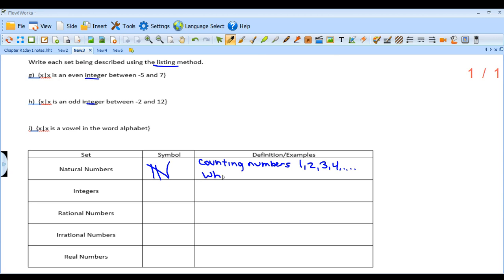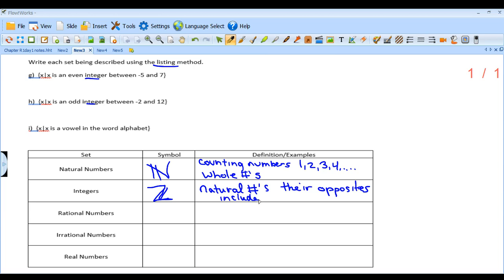And they're whole numbers because you naturally count whole numbers. All right, integers. Here's the symbol for integers. It's a double-stemmed Z here. And those are our natural numbers, which are your 1, 2, 3, 4, and so on, but also the opposites and 0.